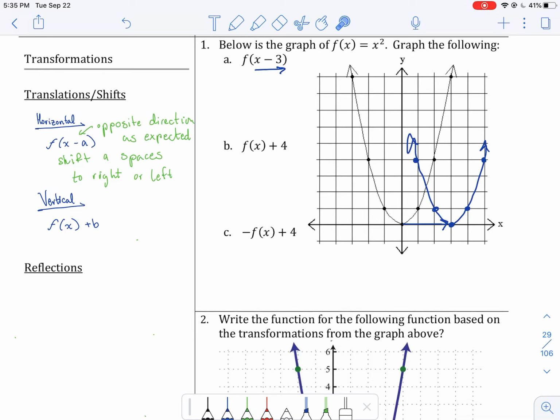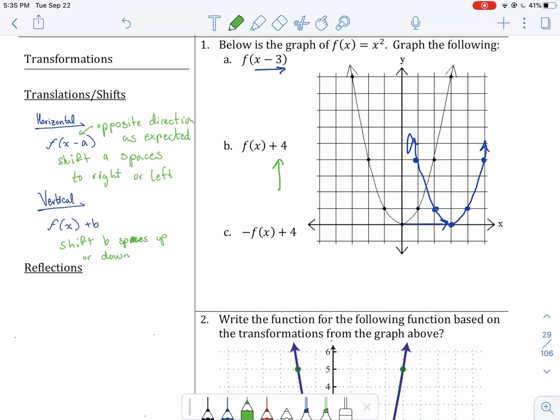Now, vertical shifts, like what we see here, are where we move the graph up and down, and that's where you have all the function stuff written here, and then this would be just plus 4. For these ones, that means they're going to go B spaces directly up, just like you would expect them to go. So in this case, it's 4 spaces up.